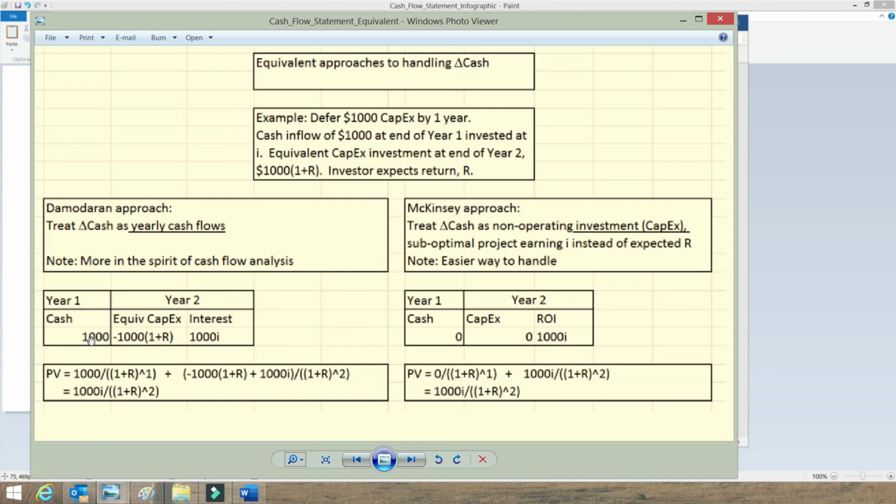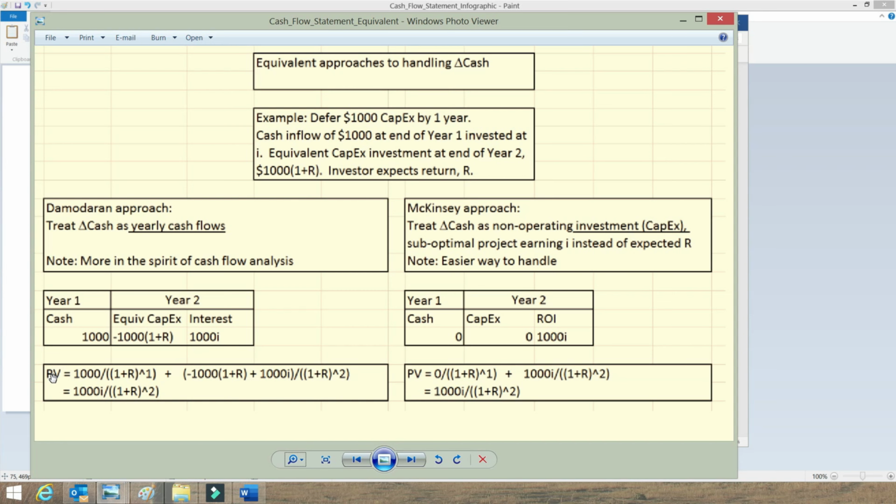If you had invested in it a year earlier, the expected rate of return by a stockholder, the cost of equity, shown here as just R, would make that project now worth 1 plus R a year later. This captures the opportunity cost from delaying the project one year. So if you decide to delay the project, you would then invest minus $1,000 times 1 plus R.